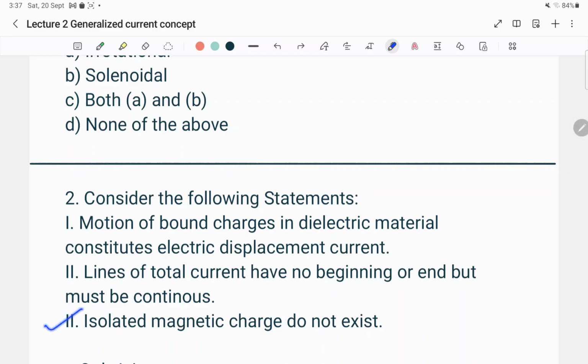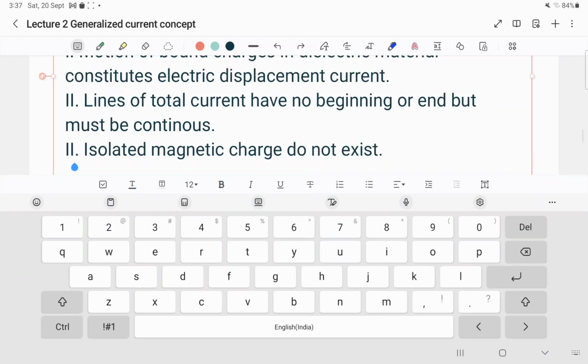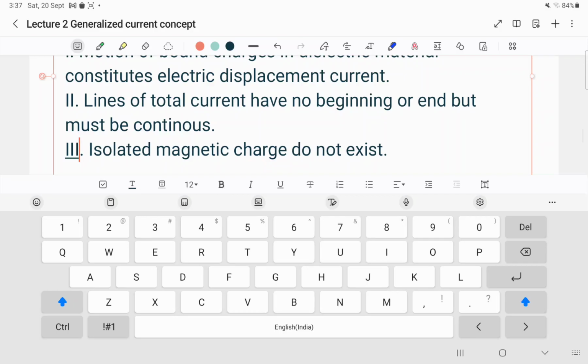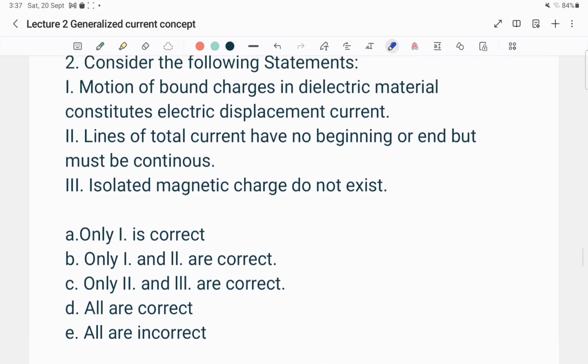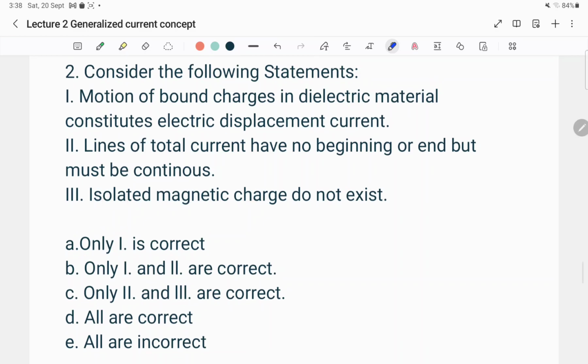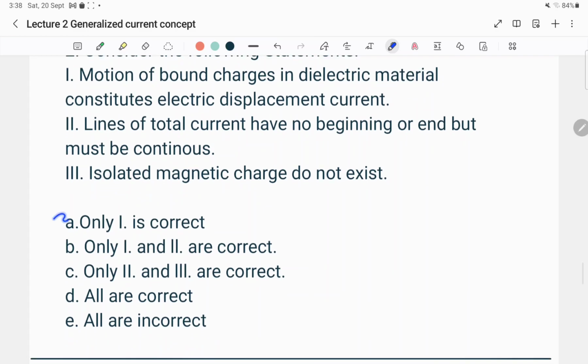Third: isolated magnetic current does not exist. You have to tell which of the following statements are correct: only 1 is correct, only 1 and 2 are correct, only 2 and 3 are correct, all the statements are correct, or all are incorrect.